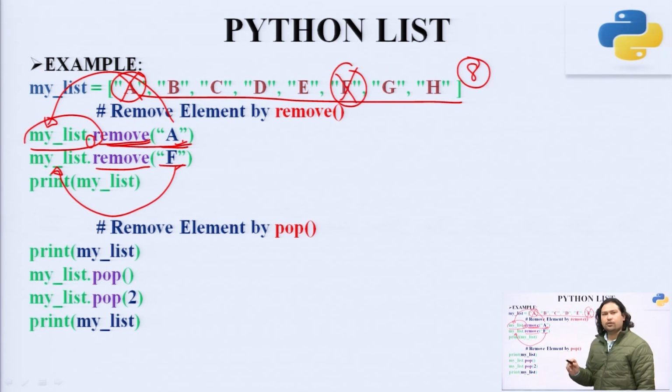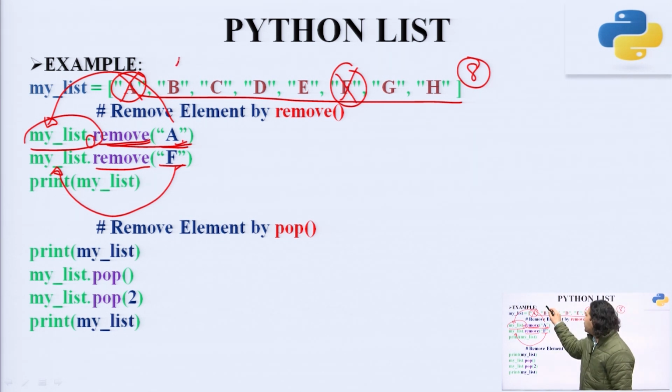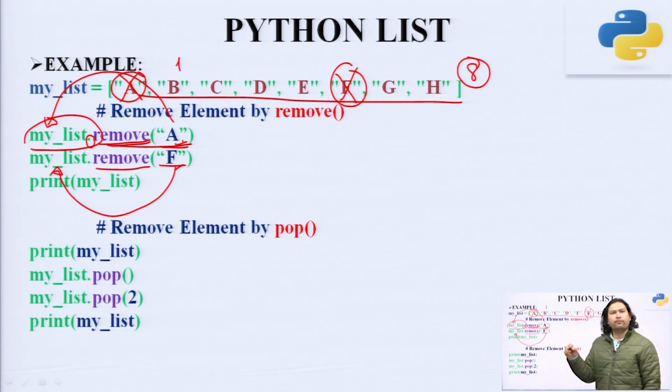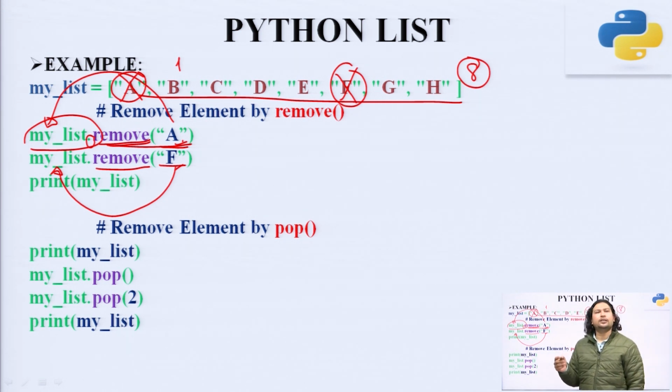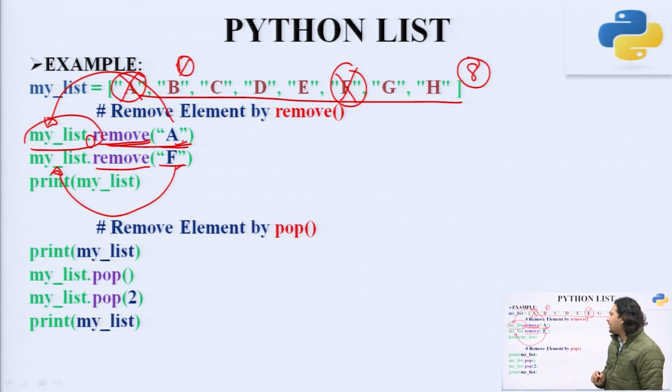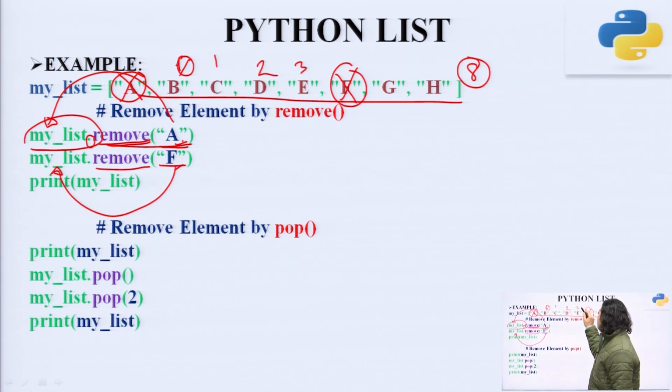Now, removing does not mean B holds the index number; no. With every removal of an element, the list gets updated itself. That means, once A is removed, B is automatically assigned index number 0, because counting starts with 0. Similarly, the next ones are 1, 2, 3 and so on. So, we have removed A and F.